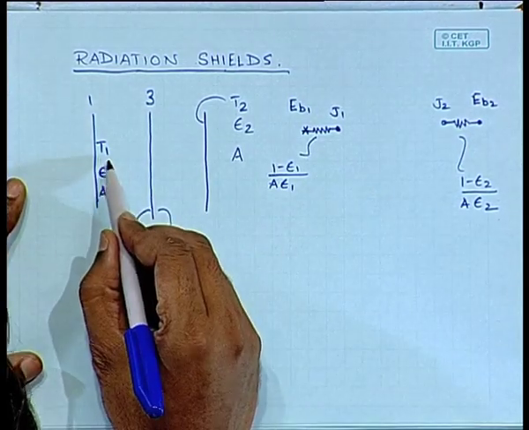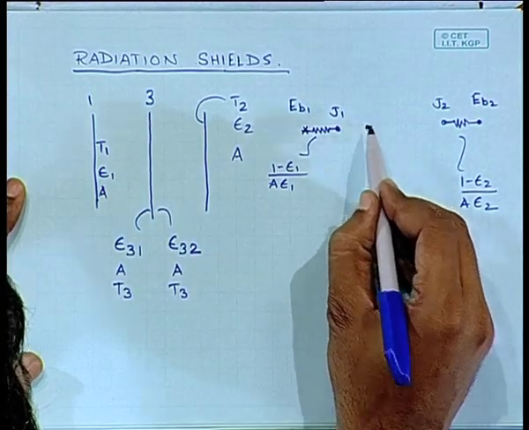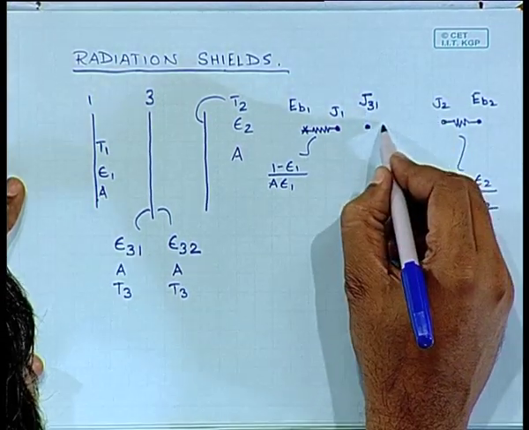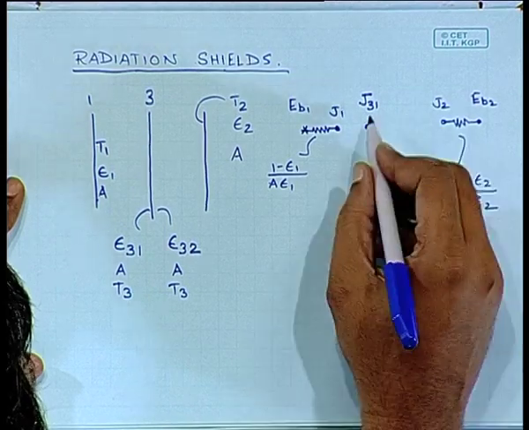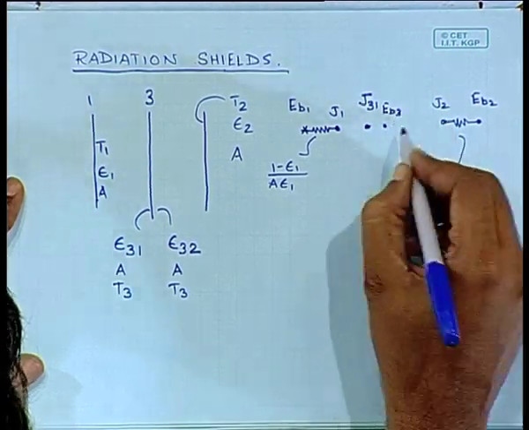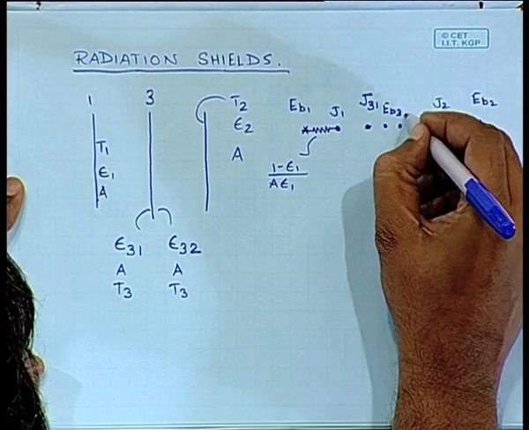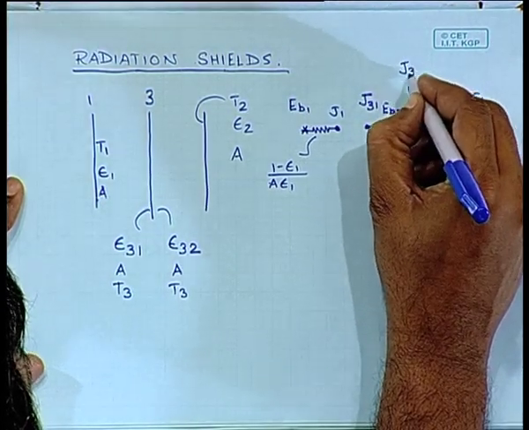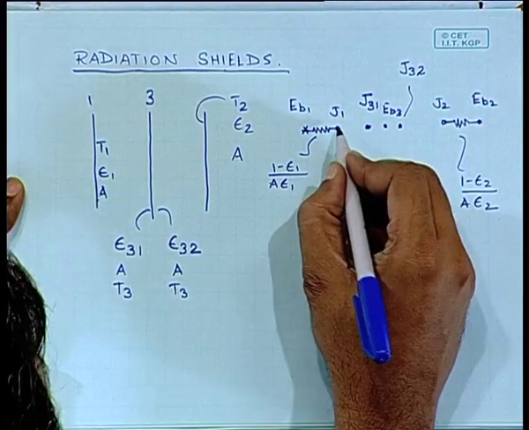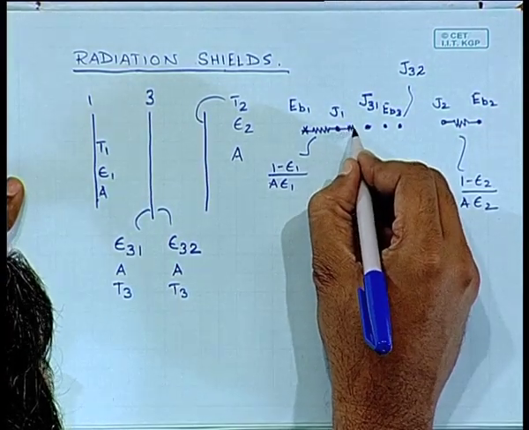So, now I have a J3 facing 1 and EB3, and on this side I have J3 facing surface 2, and that is all. Okay. So, let us see what the resistance in here is.